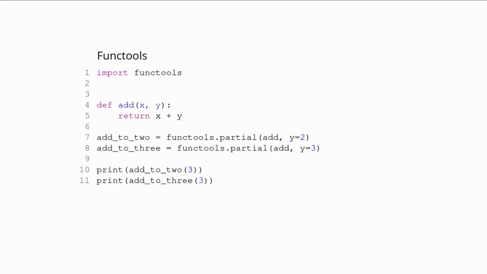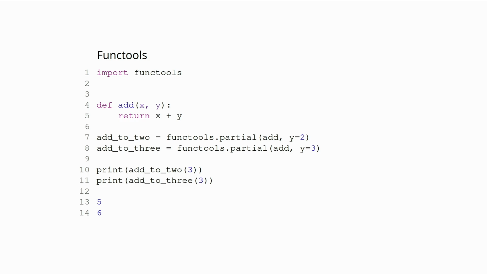So what you could do instead in these cases is use partial. In this case, we've defined a function called add, which acts as a sort of template for the other two functions, add to 2 and add to 3. Then we use partial to pass add into these functions, defining an argument in each case. So the core logic is kept in one place, and multiple partial functions are able to reuse that code.